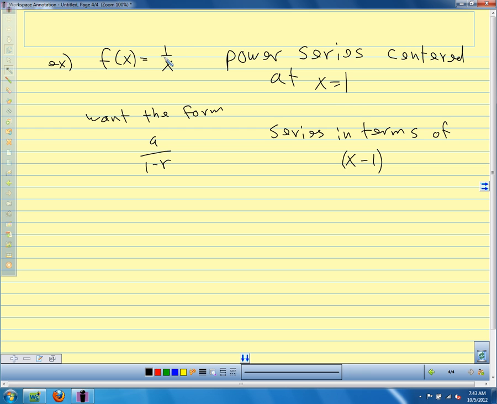So I want to rewrite 1 over x in terms of some quantity of x minus 1. Let's write 1 over x equals 1 over, and how can I write x in terms of x minus 1 so that it fits into this form? 1 minus, negative, x minus 1.